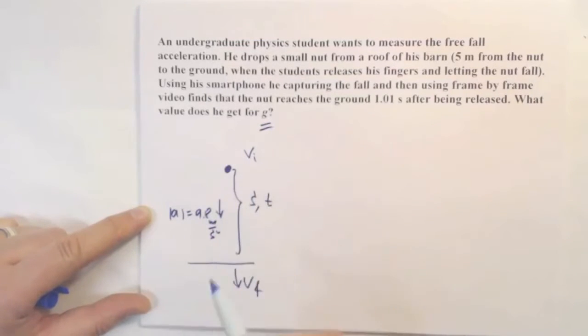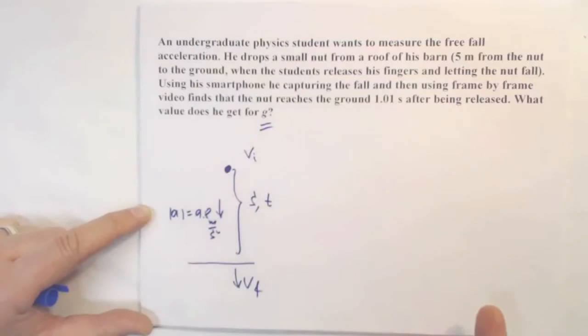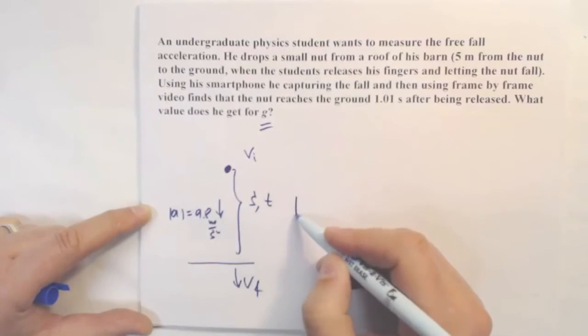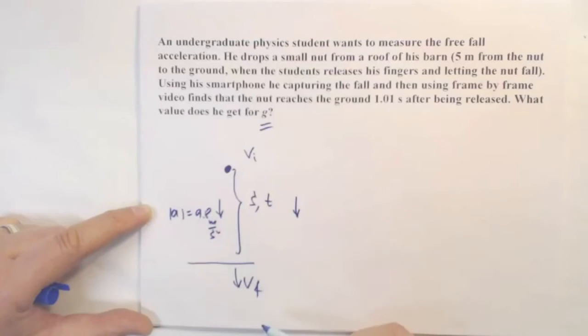Well, of course, in this problem, we should actually calculate this number and see if this student gets a pretty close result. But anyway, we know it should be speeding up. The acceleration should point down.